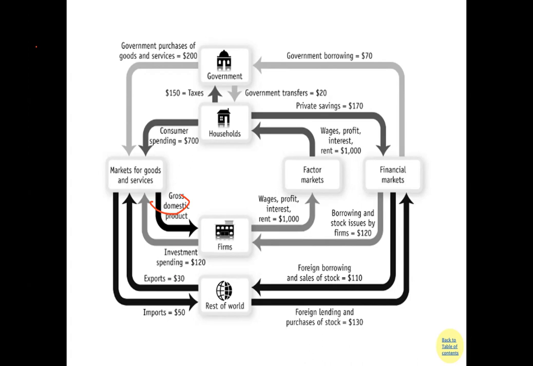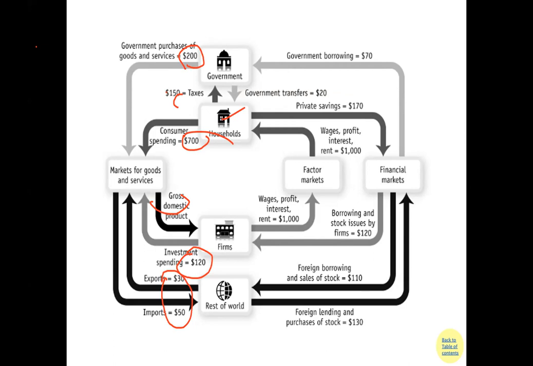Consumption C equal to 700, and investment equal to 120. Government spending equal to 200. And finally, net export equal to 30 minus 50 equal to negative 20. We add them together, that equals 1,000.